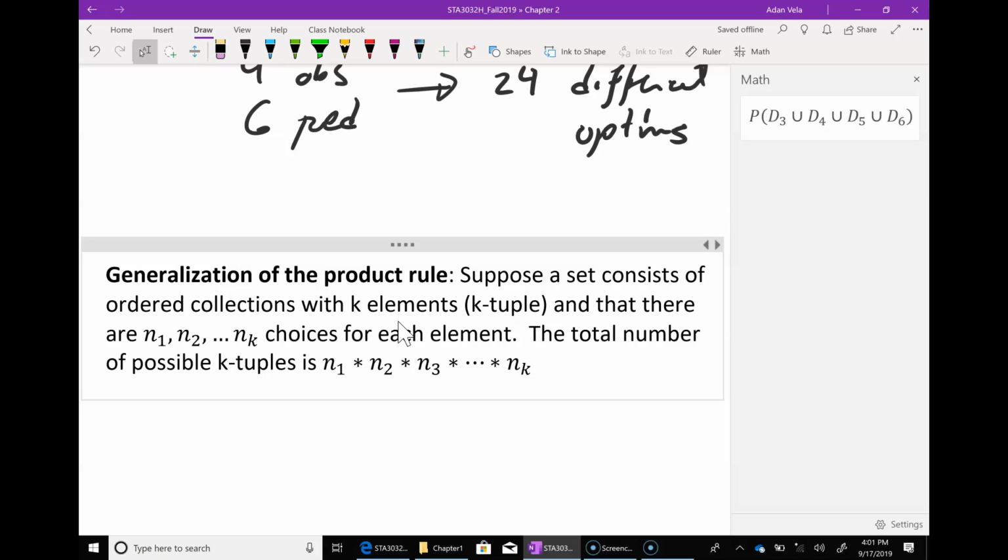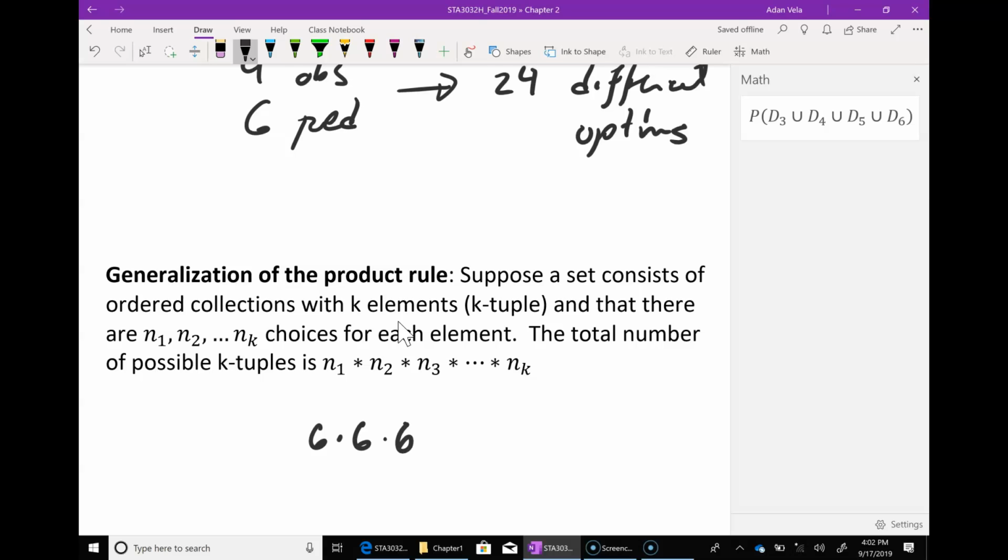If you have k options, you're just multiplying the number of choices in each option, right? So simple example, if I roll 3 dice, how many different ways can I roll 3 dice? Well, I can roll the first die 6 different ways, I can roll the next die 6 different ways, and I can roll the third die 6 different ways. So I don't know what 6 to the third is.